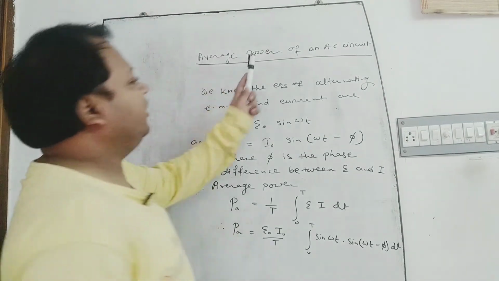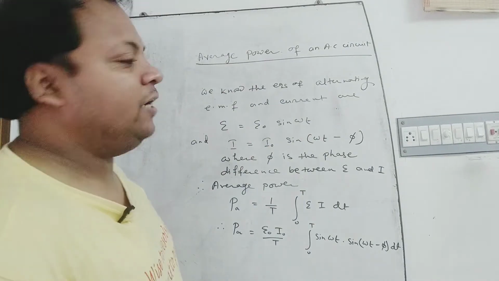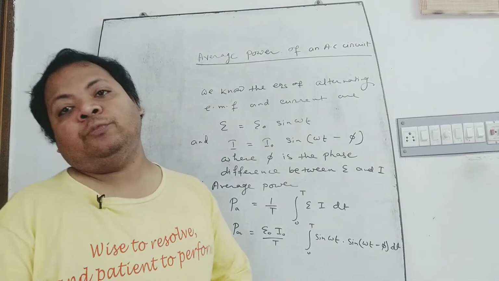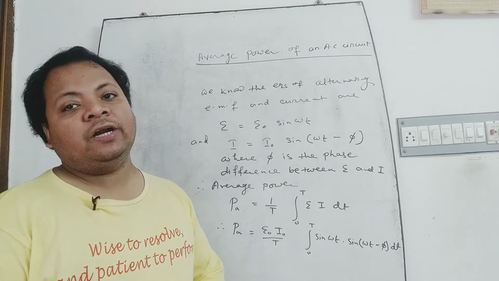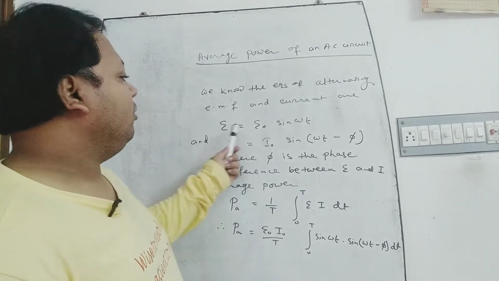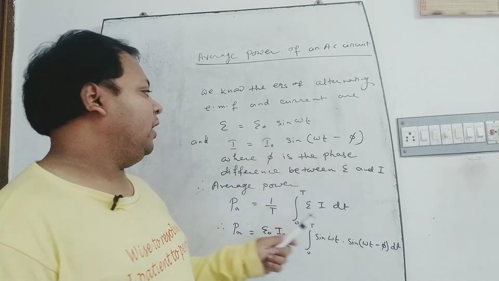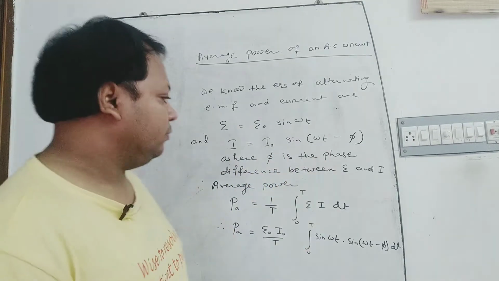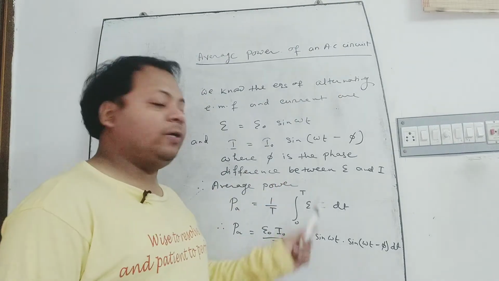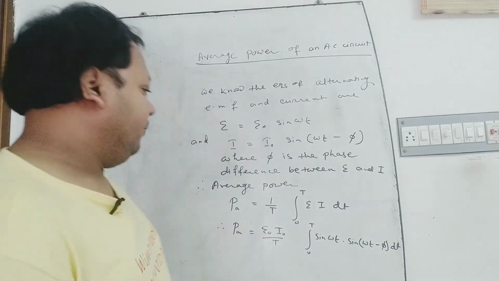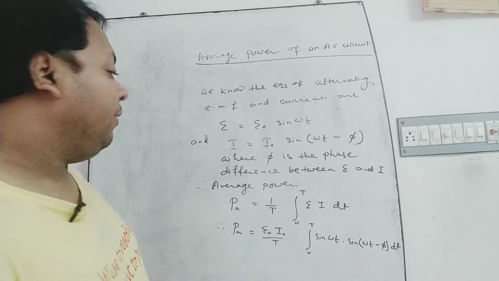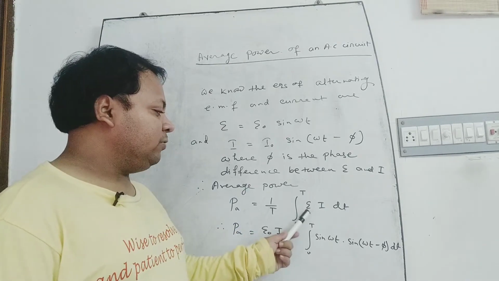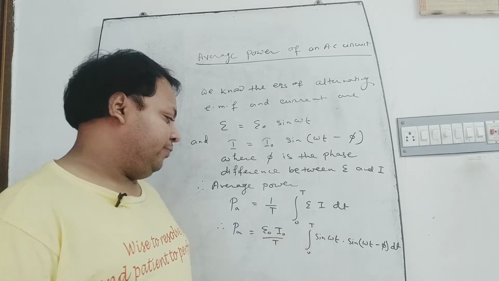Now the average power of an AC circuit. We know the equations of alternating EMF and alternating current are epsilon is equal to epsilon 0 sin omega t and I is equal to I0 sin (omega t minus phi), where phi is the phase difference between epsilon and I. Now the average power P average is equal to 1 by T integration epsilon I dt.